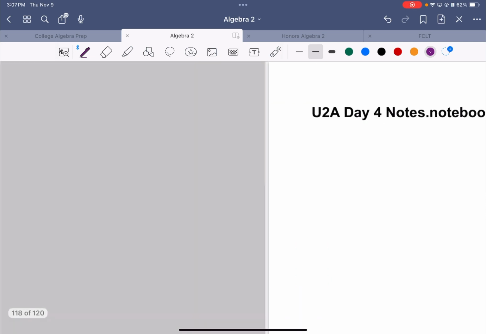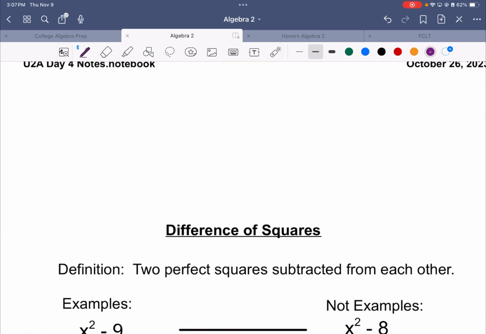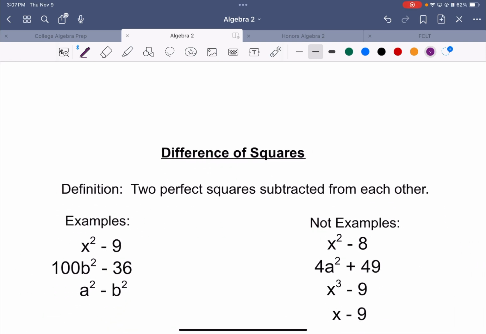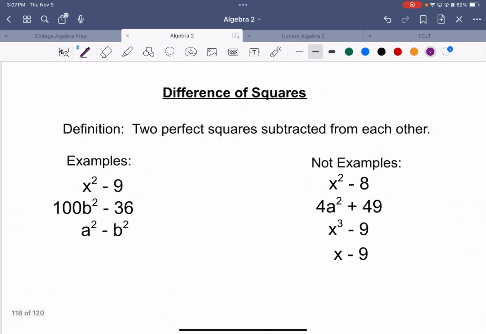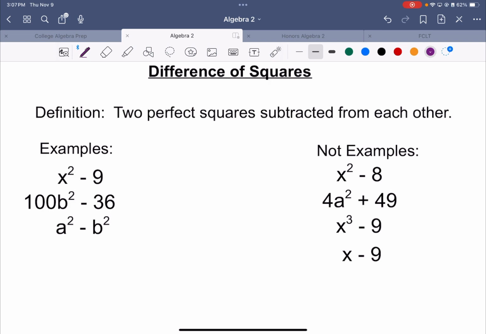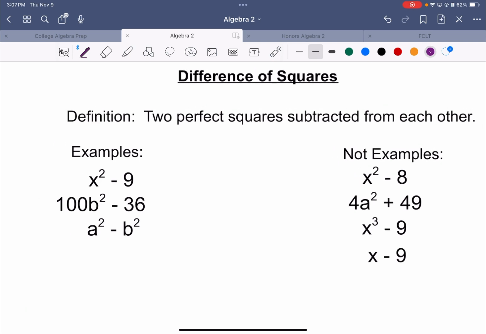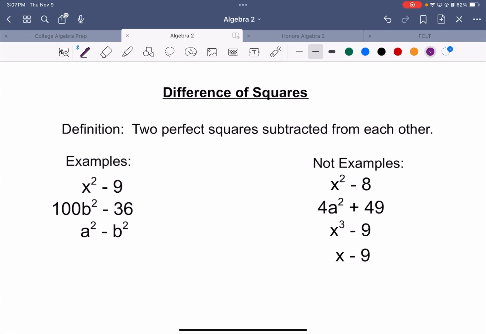Okay? So the last part is a shortcut. It's called difference of squares. Differences of squares are going to be two-term polynomials or binomials.